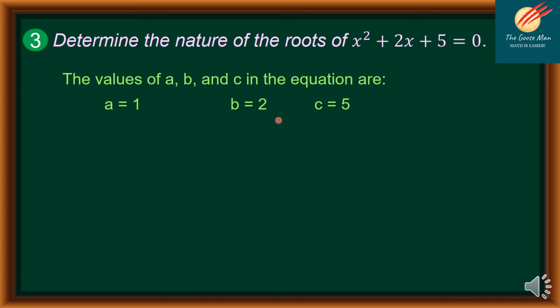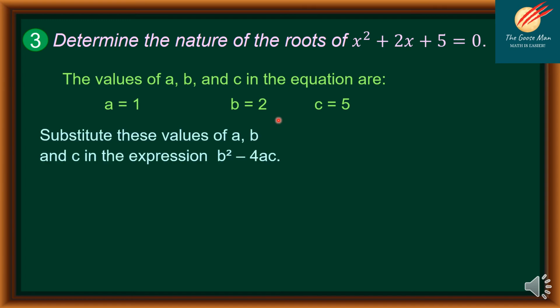Now, we know the values of a, b, and c respectively. We will use this in order to solve the expression b squared minus 4ac. So we will substitute the values of a, b, and c respectively. We come up with 2 squared minus 4 times 1 times 5. 2 squared means 4, while 4 times 1 times 5 is equal to 20.